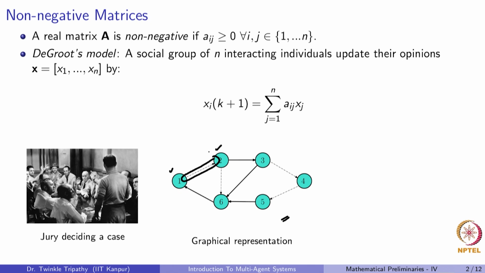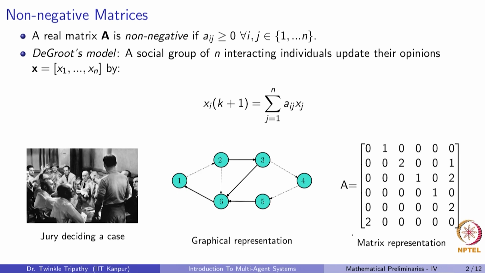Now, what we can also do further is associate a matrix with this graph. What does this matrix represent? It's known as the adjacency matrix. We will talk about it in more detail as we study more concepts from graph theory, but here, let's just introduce what it means.